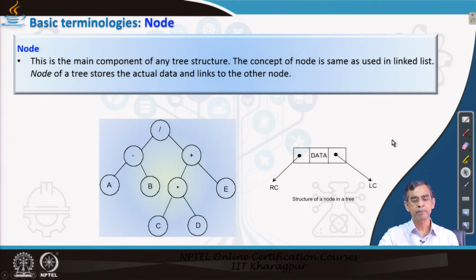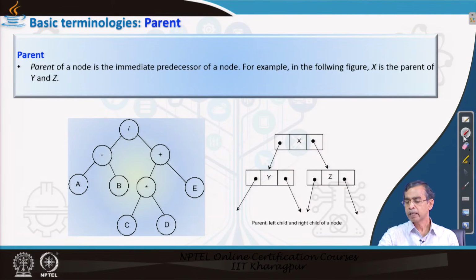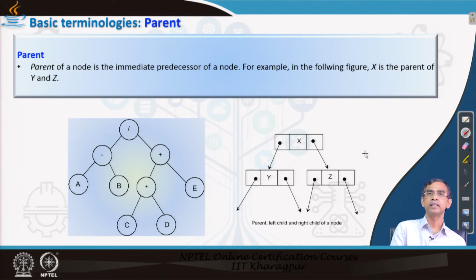Now, let us discuss another term, the parent. Every node is characterized with 2 things, the parent and its children. Here, in this case, this is the one node which does not have any parent. This is the special node, the root, which does not have any parent, otherwise every node has a parent. So, this node has a parent and this node has a parent.